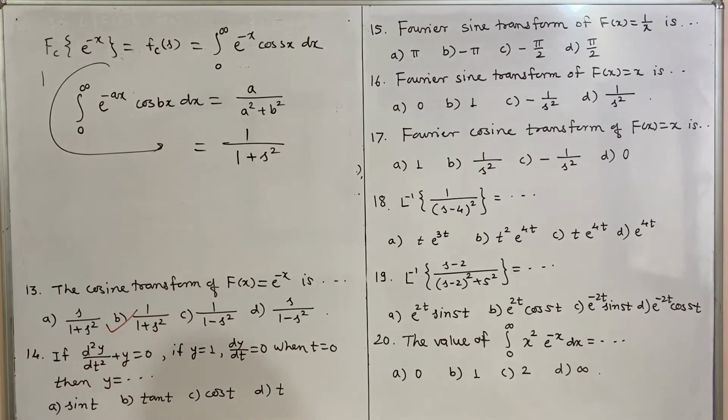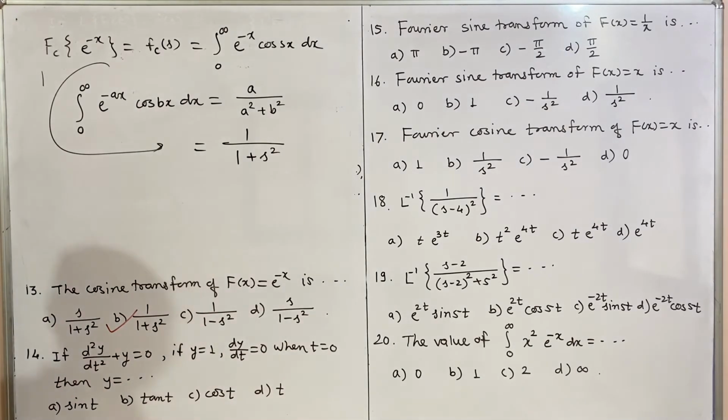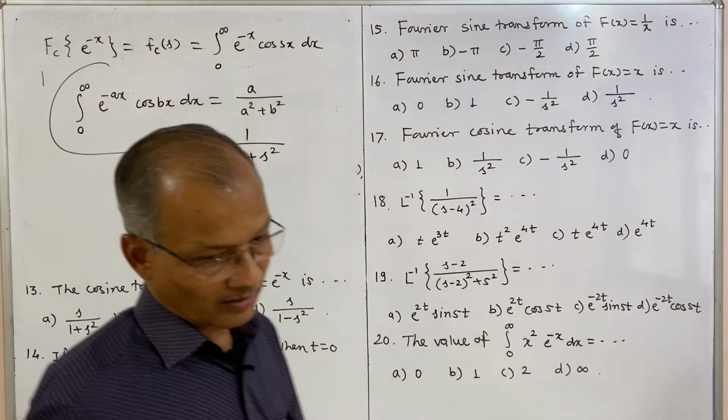Next is, if d2y by dt square plus y is equal to 0, this is a differential equation, an application of Laplace transform to a differential equation, and if y is equal to 1, dy by dt is 0 when t is equal to 0, then what is the value of y? Actually there is no need to solve this equation.